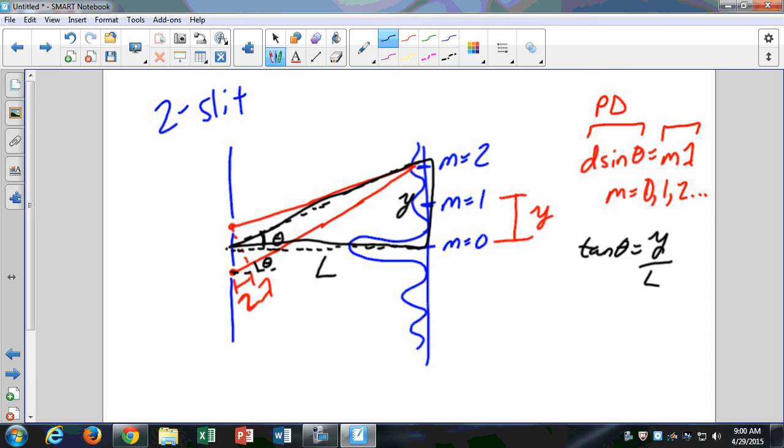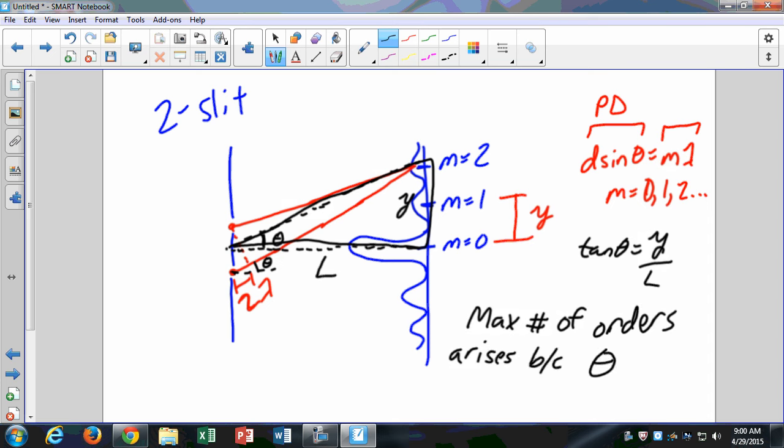Also, you need to know how to find the maximum number of orders. The maximum number of orders for the double slit, single slit, and the diffraction grating arises because theta exceeds 90 degrees.